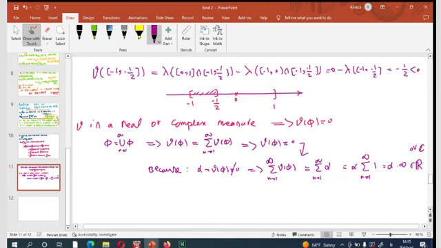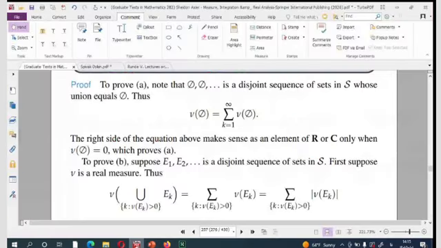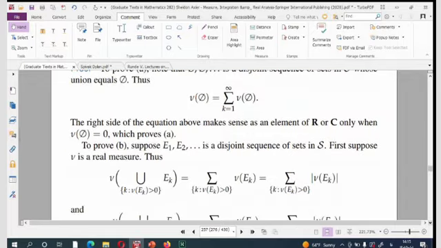Because alpha is non-zero and this is not an element in the real or complex numbers, and we know that our measure is a function from S to F, this is a contradiction, so we have this property for all real or complex measures. And also the second property holds.